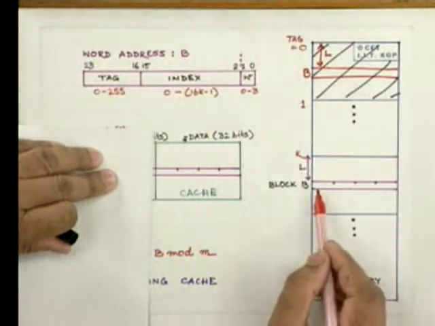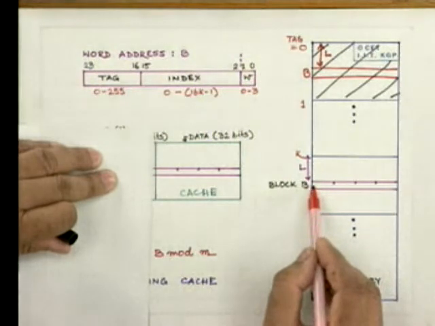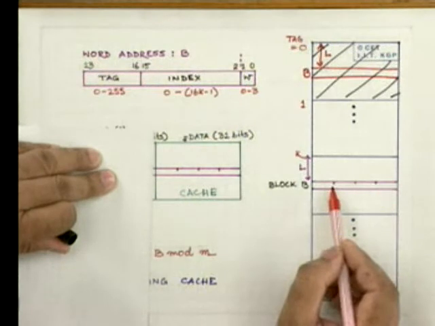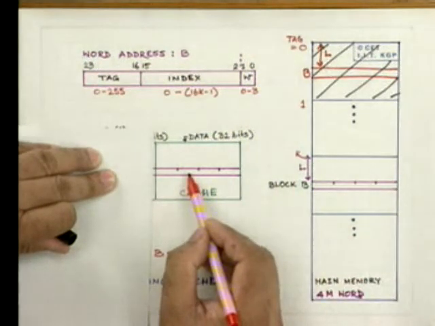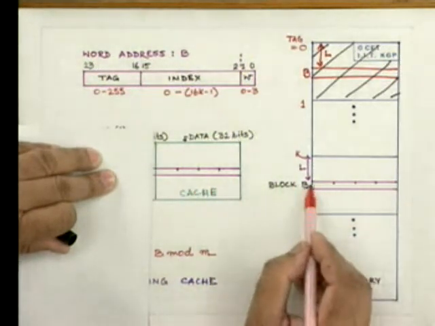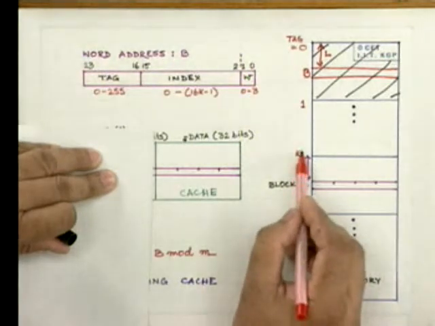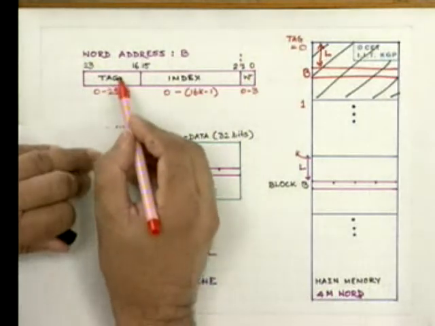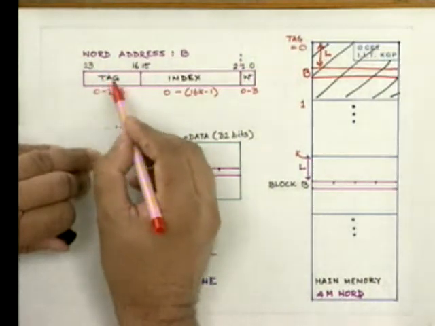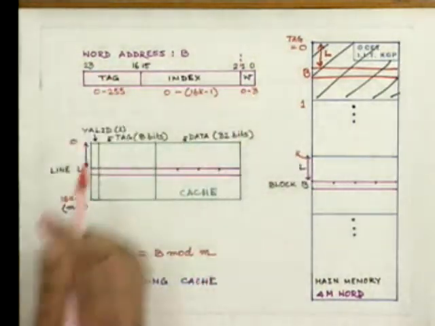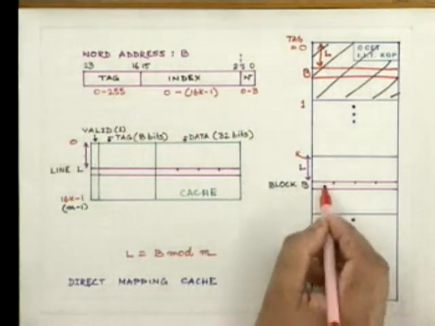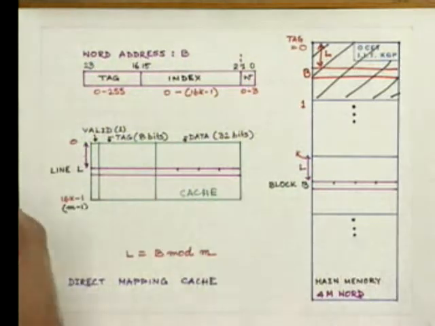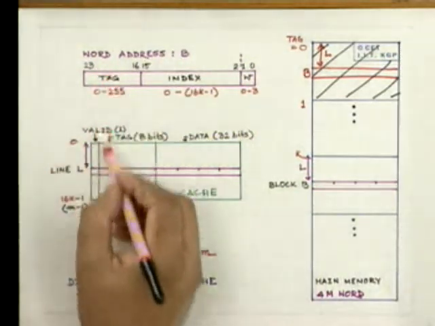Therefore, when we have transferred a word or a block from the main memory into the line of the cache, at the same time we'll have to tell which particular segment's block has been transferred, and that is determined by the tag field in that address field, and that tag field, when we are copying this block into the line of the cache, is also copied over to here.